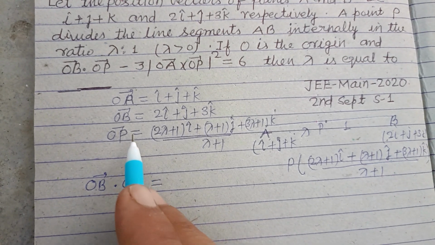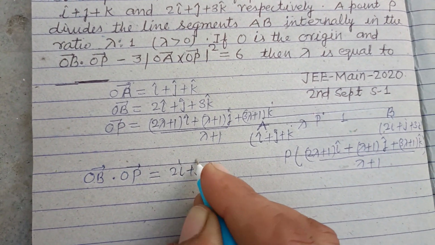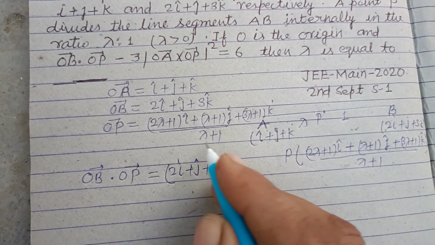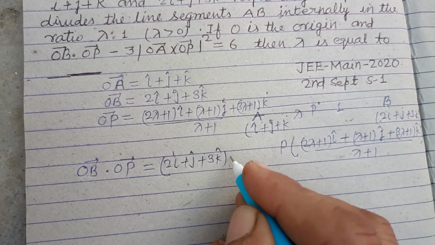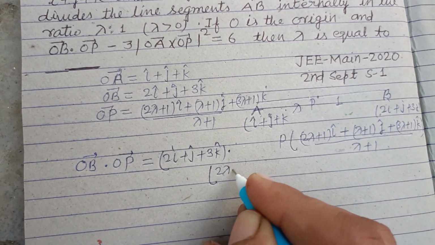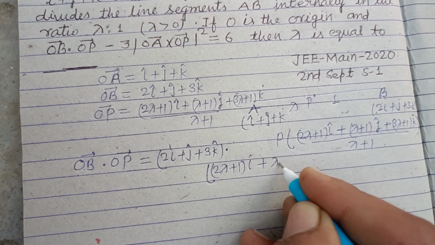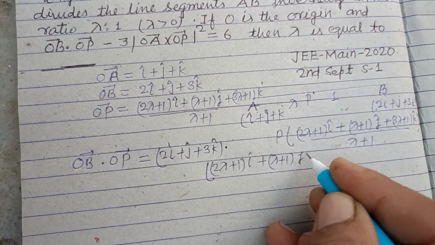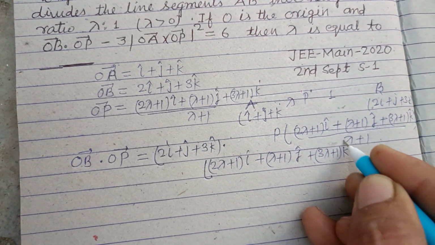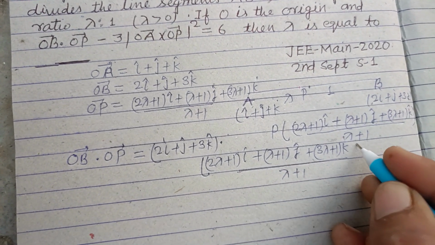So OB is 2i plus j plus 3k and OP is (2 lambda plus 1) i cap, (lambda plus 1) j cap, (3 lambda plus 1) k cap upon lambda plus 1.